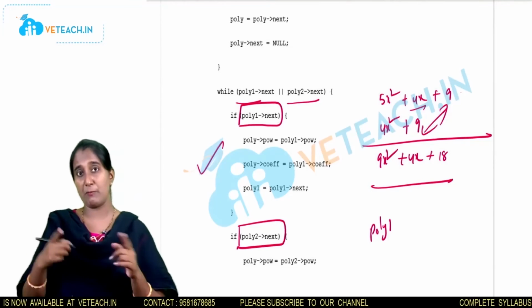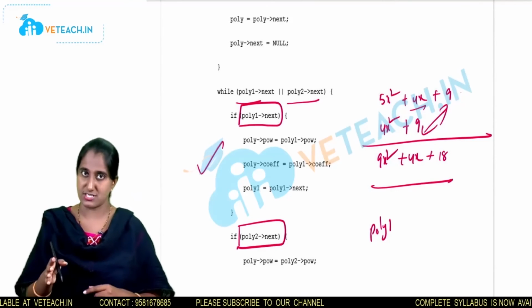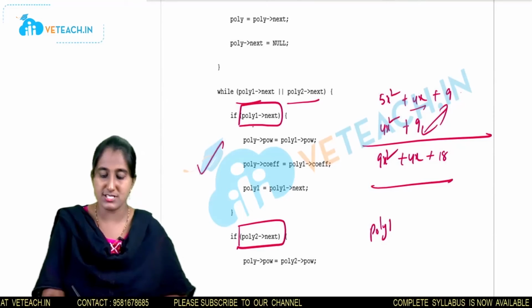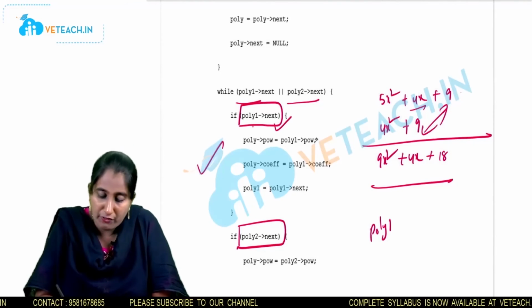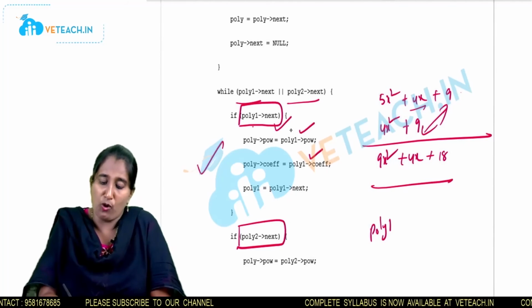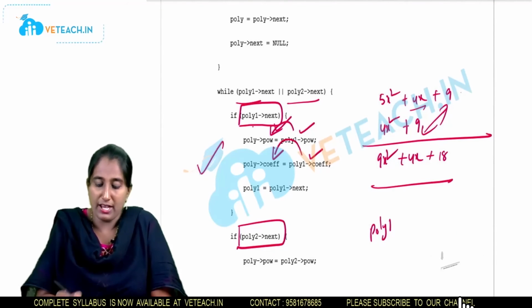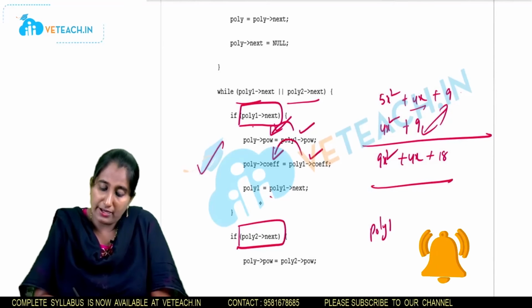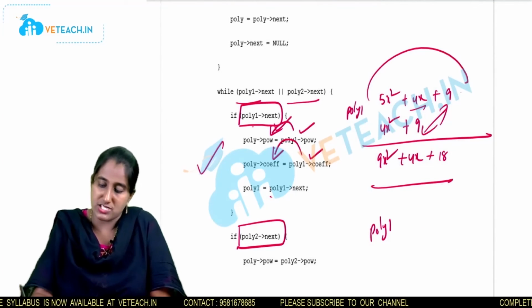It means that poly 1 points to next means some node exists. Okay, so if there is any node after the poly 1, we need to carry the power and the coefficient to the poly 1 resultant. Okay, and we need to increment the poly 1 to the next node.